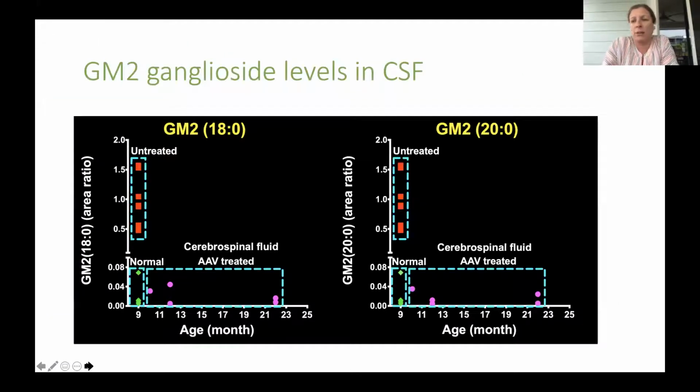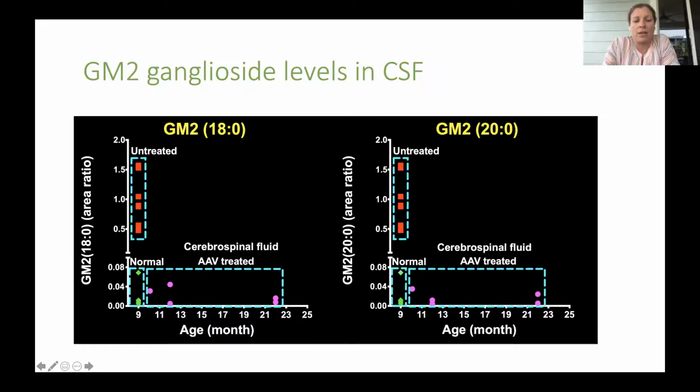And then also we collected CSF from these sheep at different time points. GM2 obviously is a storage product. We can measure that in the cerebrospinal fluid quite well, and you can appreciate, I hope, that the red boxes are a lot higher from the untreated animals than the green in the normal animals.